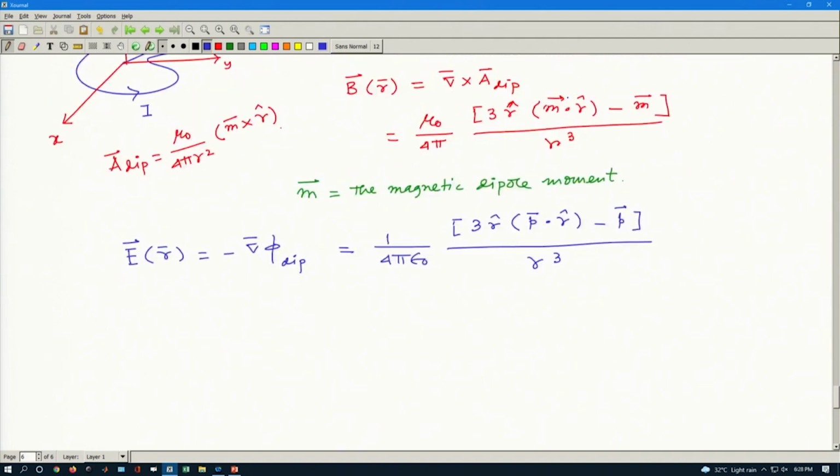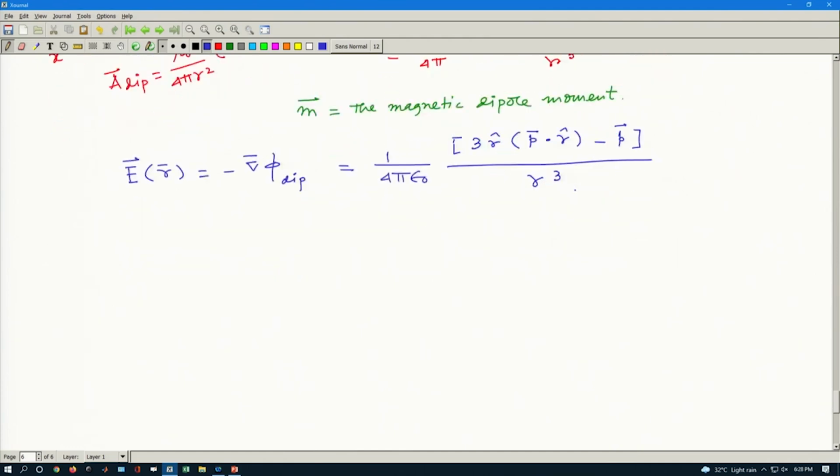Here you can see only m is replaced by p, where p is the electric dipole moment.